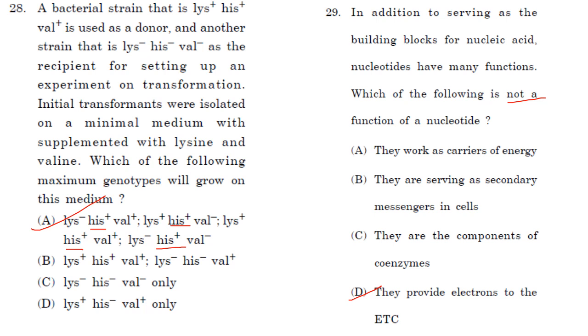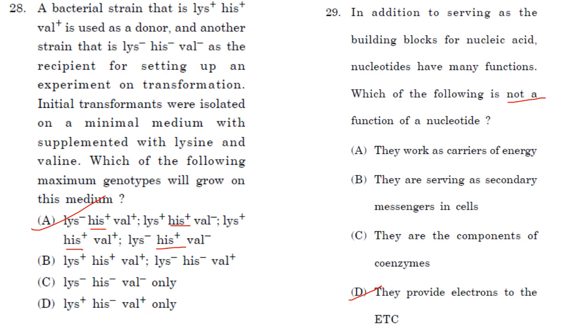Then, in addition to serving as the building block for nucleic acid, nucleotides have many functions. Which of the following is not a function of nucleotides? They are carriers of energy, ATP, adenosine triphosphate. Then they are serving as secondary messengers of the cell, cAMP.